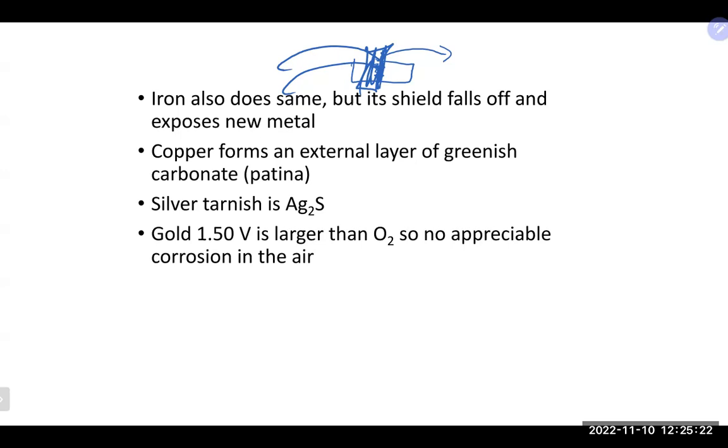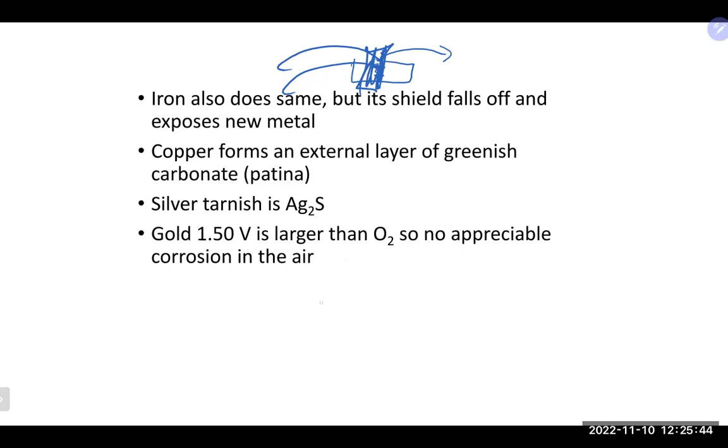Copper forms that patina color that we see, which is a greenish carbonate color, and some people pay a lot of money to get that patina on things. Silver will tarnish, and gold, which has an SRP value of 1.5, has pretty much no corrosion in air.